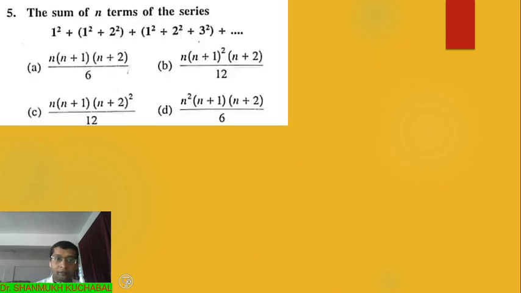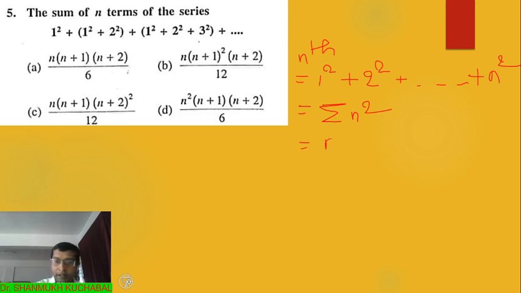Okay. Next example: the sum of n terms of the series 1 square plus (1 square plus 2 square) plus (1 square plus 2 square plus 3 square), and so on. We have to write the nth term. So the nth term we can write as 1 square, 2 square, and it goes on increasing, then n square. So using the notation, we can write this as summation of n square.